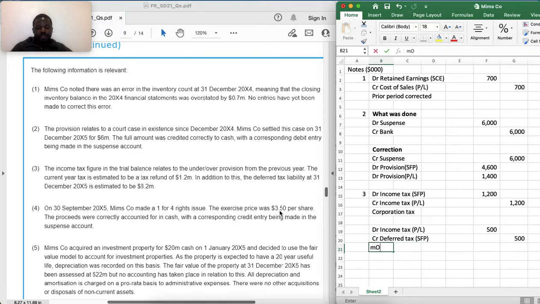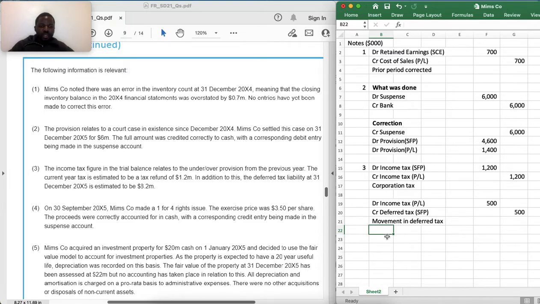That one is the movement in deferred tax. Then we have finished with that note.